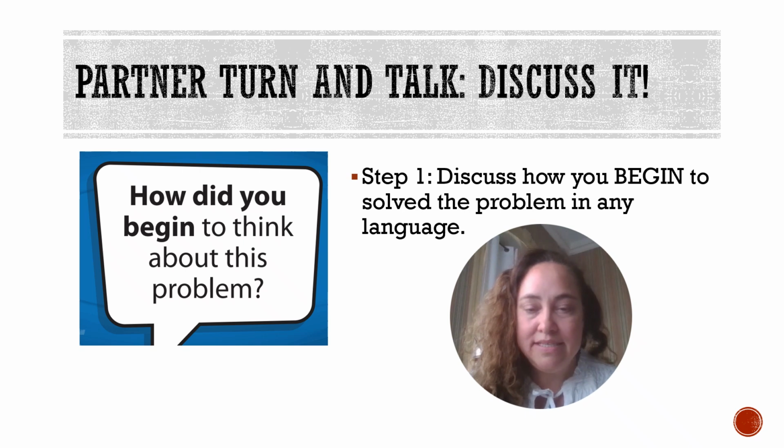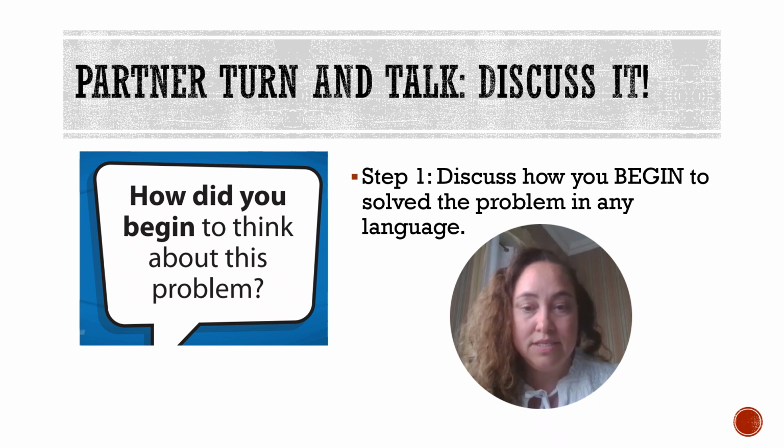So at this point, it's really important to allow students, after we've given them that independent think time, to start discussing how they began to solve the problem in any language they can. And even if their partner is not strong in both languages, it's important for them to just share it out, as oftentimes we know that when students are sharing orally, they're able to build some thinking and some strategies around explaining more in depth what they may have done, especially in math.